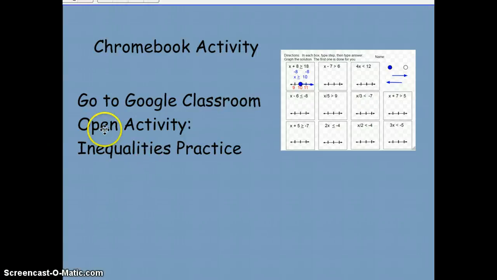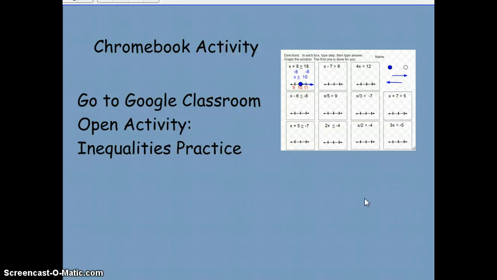Now I want you to go to classroom.google. Open up the activity Inequalities Practice, which you will see for today's assignment. You need to follow the directions carefully. Make sure you put your name, and then once you're done, you need to turn it in.